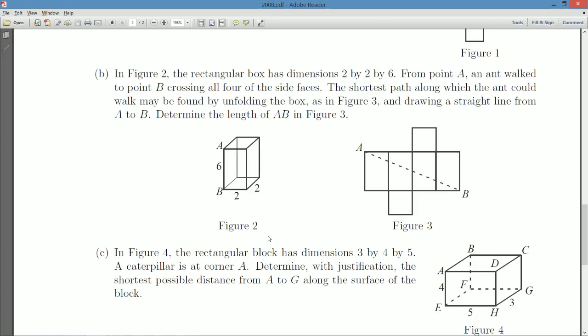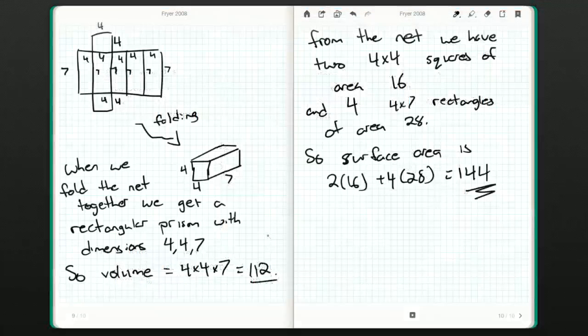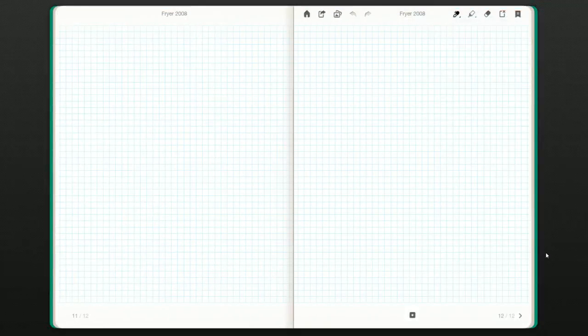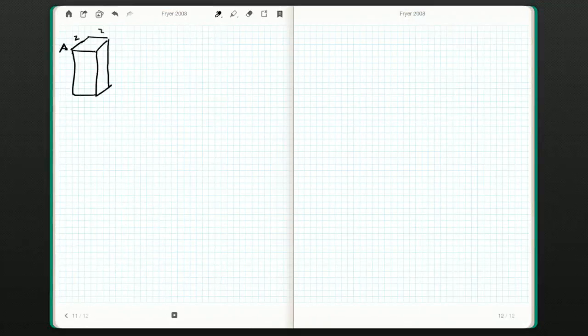So, we're unfolding this net. We can figure out the dimensions. Let's get ourselves a brand new piece of paper. Let's treat ourselves. Okay. So A is here, and we have 2, we have 2. We have B down here, and we have a height of 6.